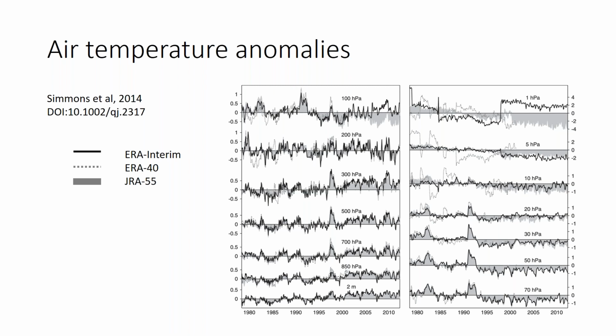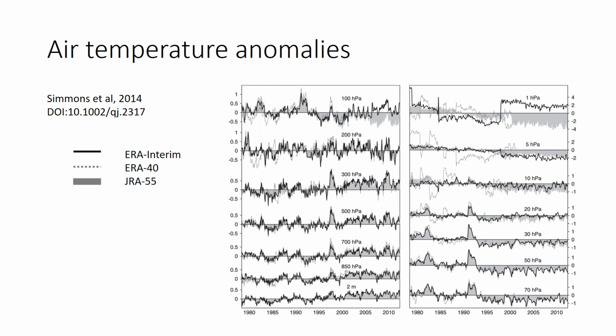You see some clear signals like the 1998 El Nino, which has a very deep effect throughout the troposphere. On the right panel, you see the volcanic eruptions and the effect in the stratosphere. So all of that is in there, so that's good. But there are definitely differences, especially in ERA 40, which really had poor bias correction in many observation sources.